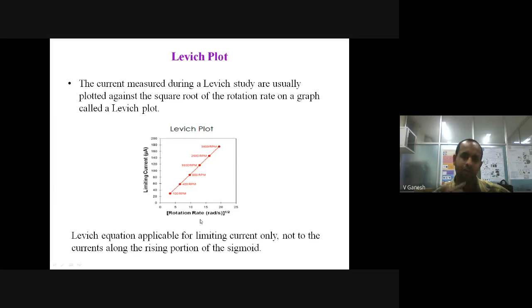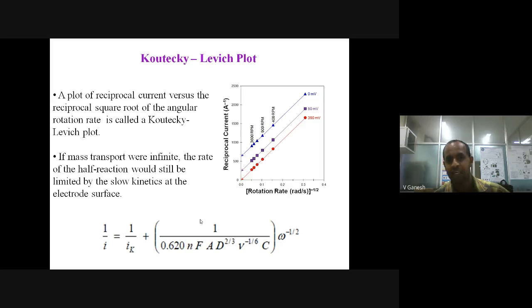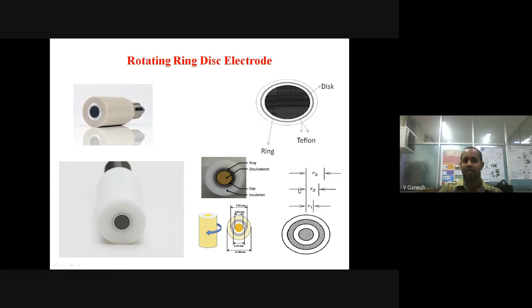When you rotate the speed, how the current changes, that relation is provided by the Levich plot. A slight modification in the equation is provided by the Koutecky-Levich plot. This is the most famous equation in RDE, RRDE experiments. Here, the inverse of limiting current is correlated with the rotation speed. These are the typical components one would get in RDE.